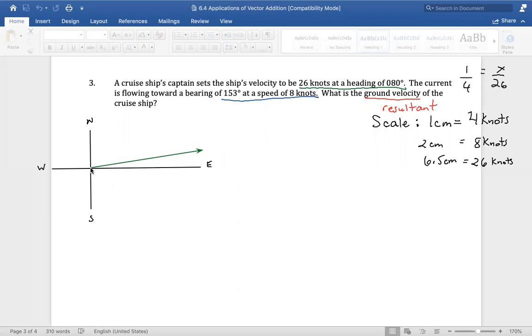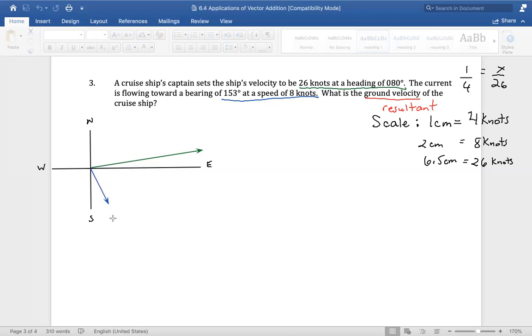If I went all the way south, it would be 180, so I know that's too far. I need to go 153. So 153 minus 90 is an additional 63. So 63 is more than 45, so it's going to be a little bit more than that. So something like that. And 8 knots is much shorter, only 2 centimeters compared to 6.5. So that one's going to be shorter like that. Actually, the angle would be more, let's say like that.